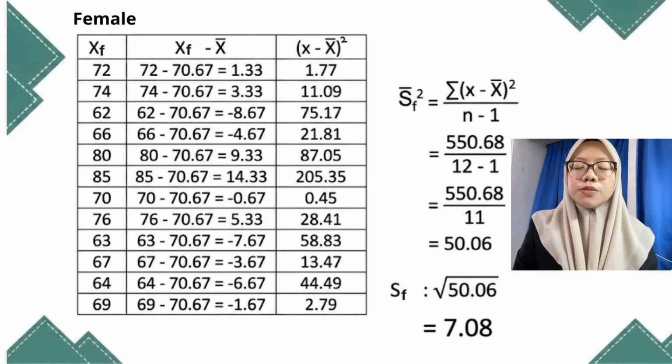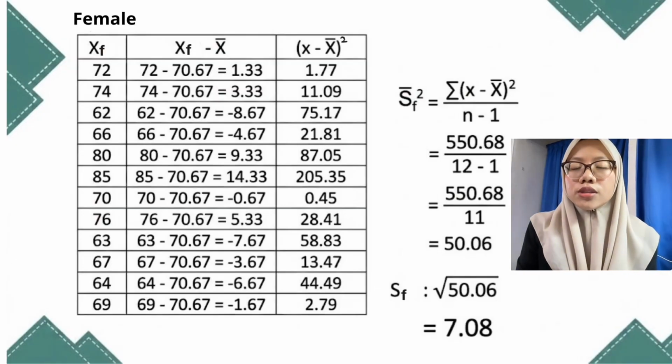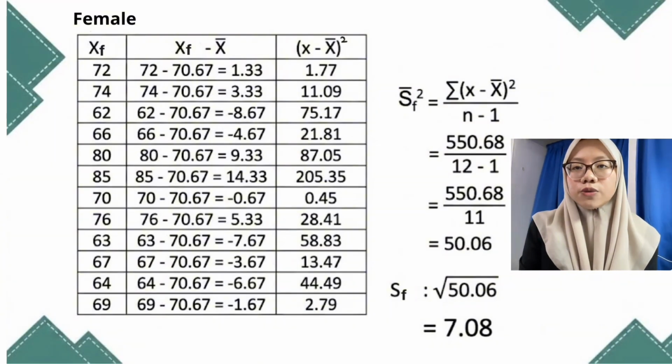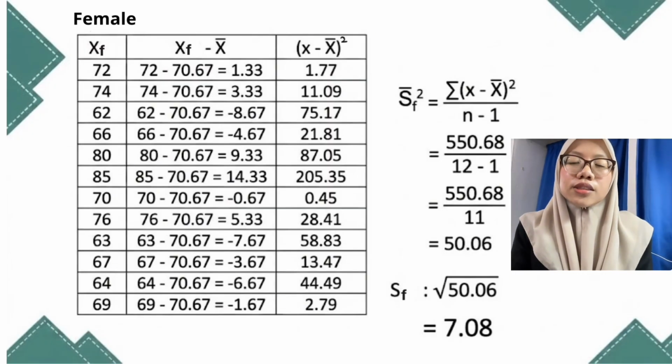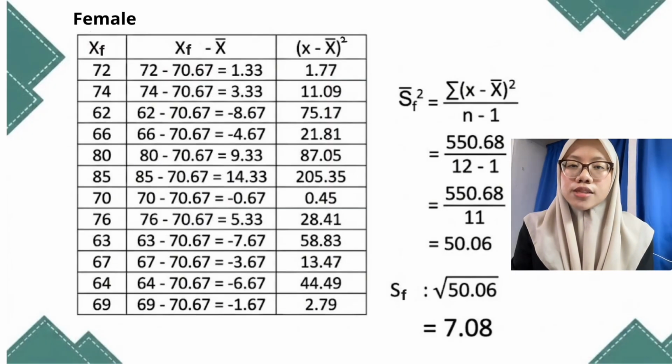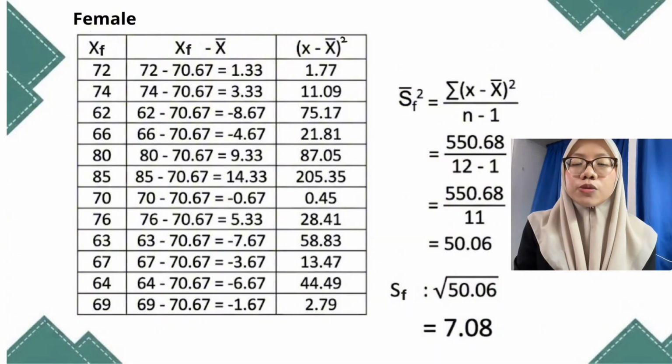Next, for the female students, we get a total of 515.68. After that, we divide this by n minus 1, which is 11, to get the sample variance. And then we take the square root of that variance, so it gives us the sample standard deviation for the female group, 7.08.